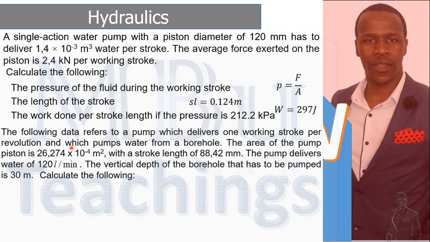Let me quickly read. The following data refers to a pump which delivers 1 working stroke per revolution and which pumps water from a borehole. The area of the pump piston is 26,274 times 10 to the power minus 4 meters squared, with a stroke length of 88.42 millimeters.